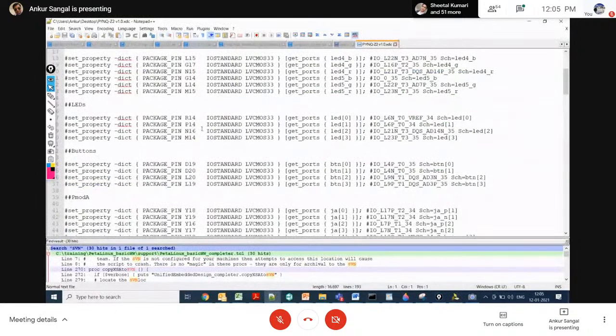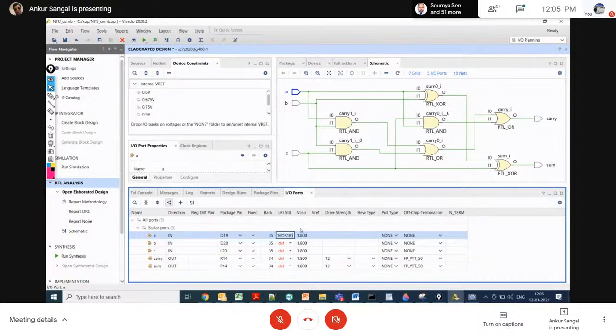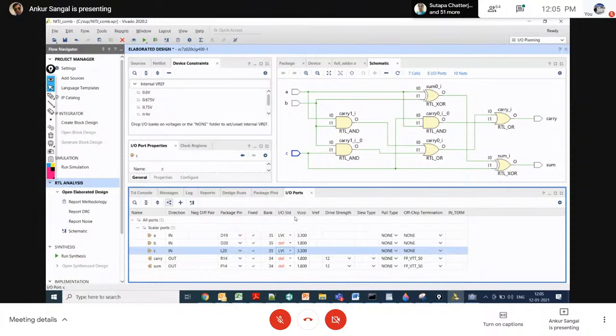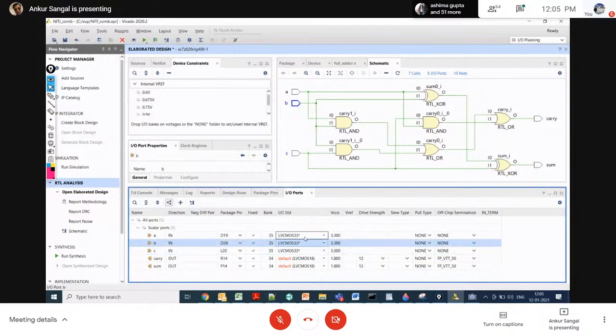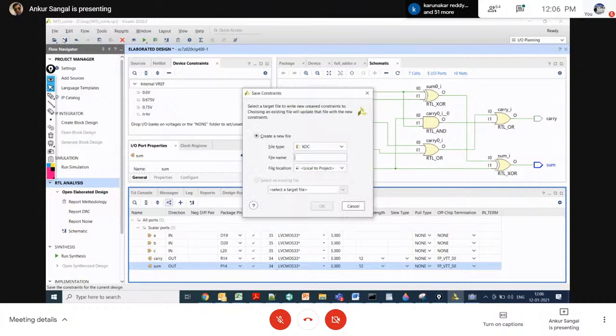All are working on IO standard LVCMOS33, so you need to select it here. Actually, these LEDs and switches work on 3.3 volts, so that's why we select LVCMOS33. This is the IO standard.